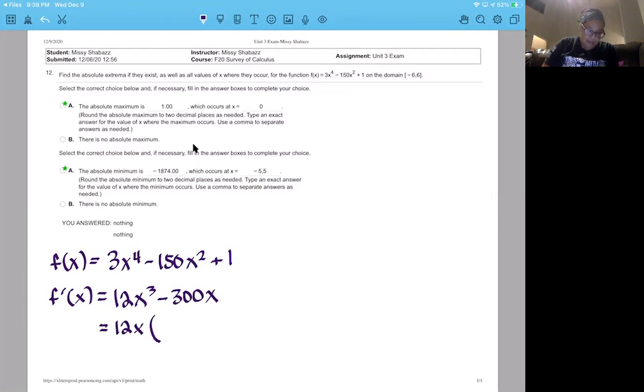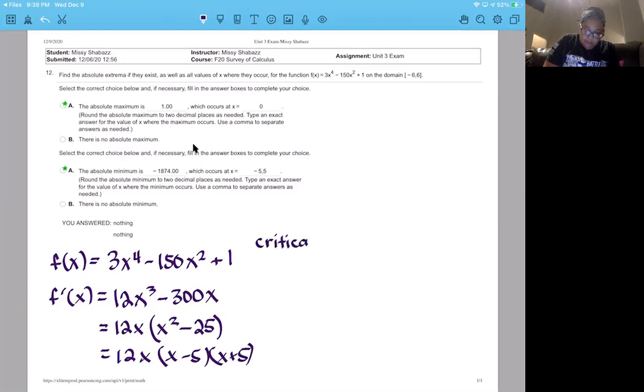That gives me x squared minus 25. So 12x, x minus 5, x plus 5. So I have critical points x equals 0, -5, and 5. All right, and then I have endpoints -6 and 6.